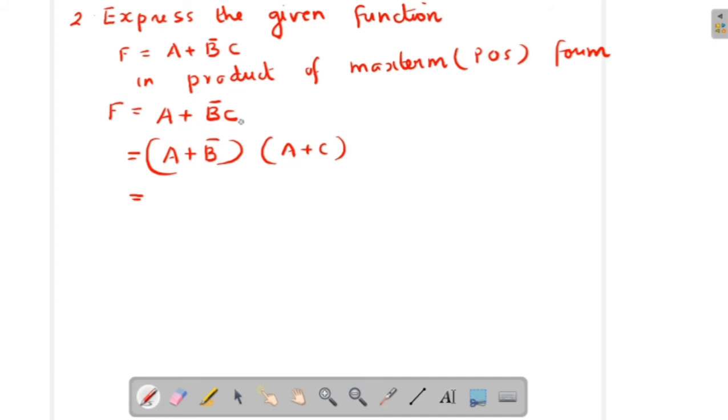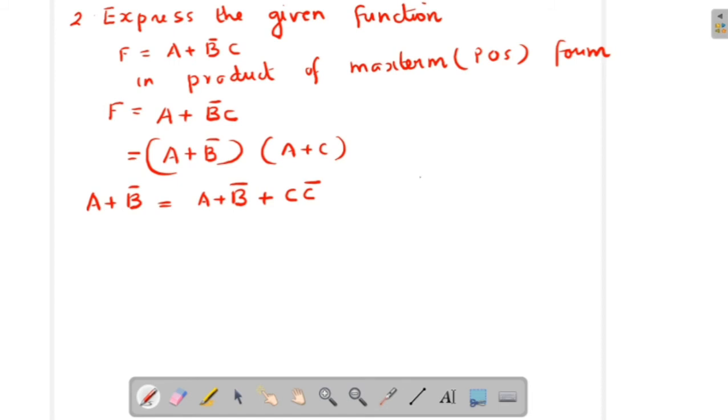and c. Okay, so in canonical form each term should contain all the input variables, in either primed form or unprimed form. So in the first term the missing variable is c. So here we express a plus b complement as a plus b complement plus c c dash.